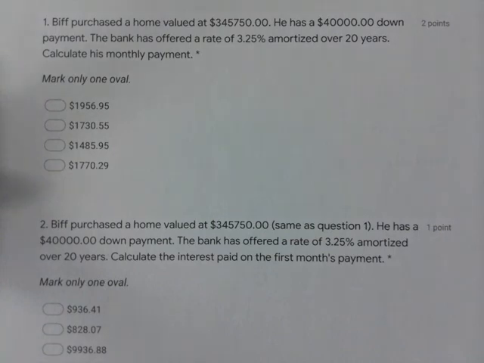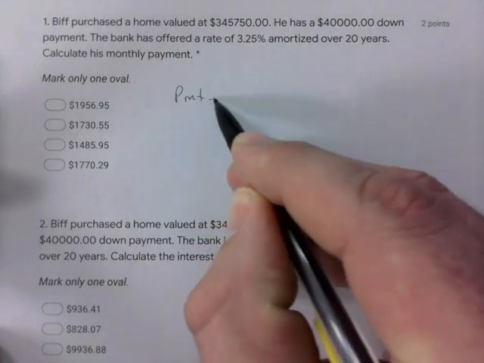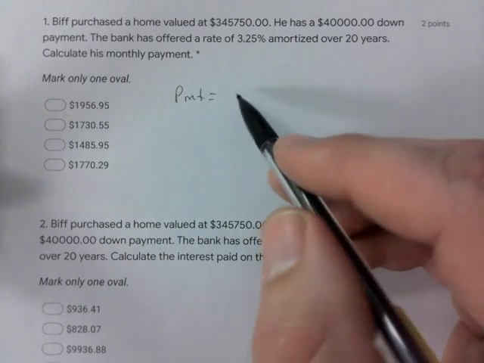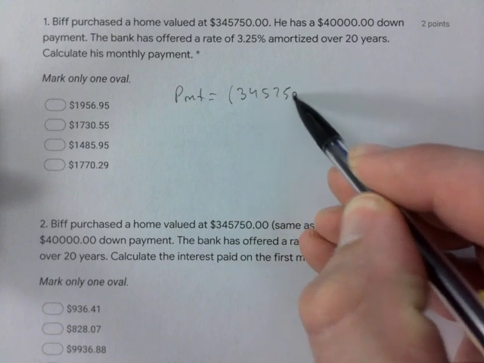All right. Question 1. Biff purchased that home for $345,750. He has a down payment. The bank offered an interest rate over 20 years. Calculate the monthly payment. So to find the payment, you should have these formulas on your study sheet. I basically take the price.